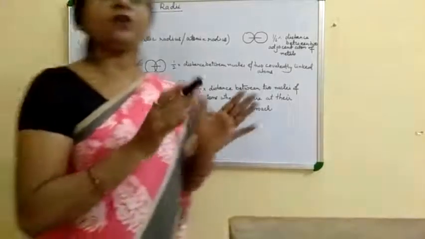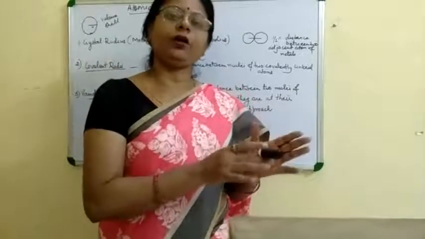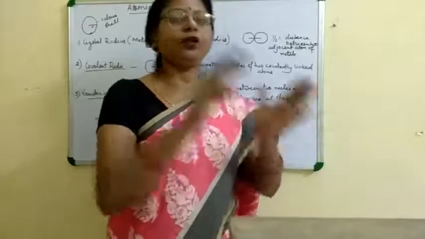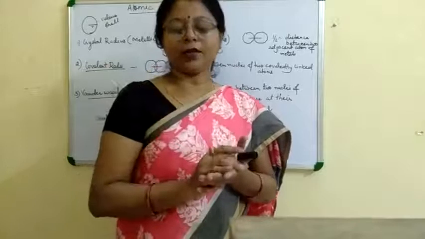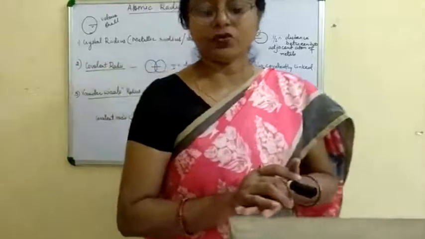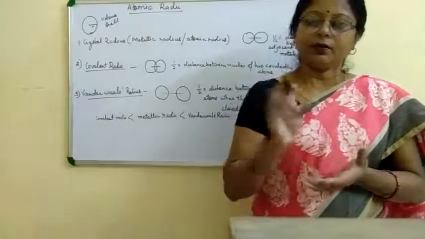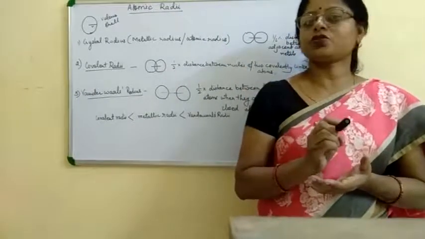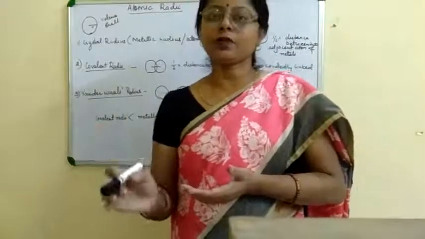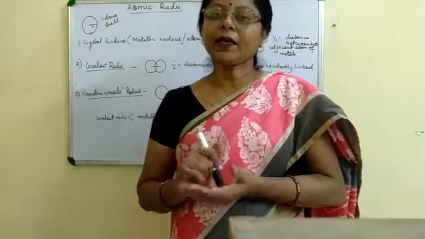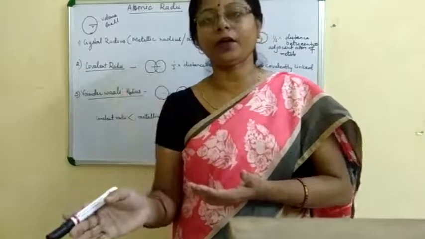Now, what is the variation of atomic radii in the periodic table? In the periodic table, as we move from left hand to right hand side, the electrons enter the same shell. So the nuclear pull towards the electrons increases from left to right, and because of this the atomic radii decreases as we move from left hand to right hand side in the periodic table.